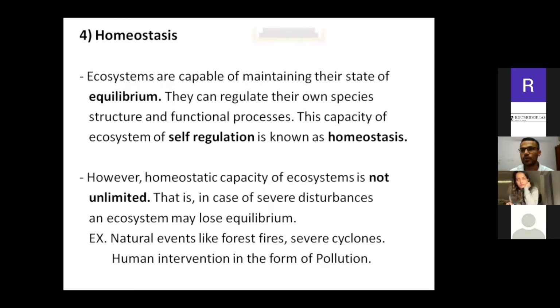We cannot associate monetary value to these services, but they are essential for survival of human beings. These are like water purification, climate regulation. Can we associate monetary value to water purification that we get from ecosystem? No, it is very difficult to do that.